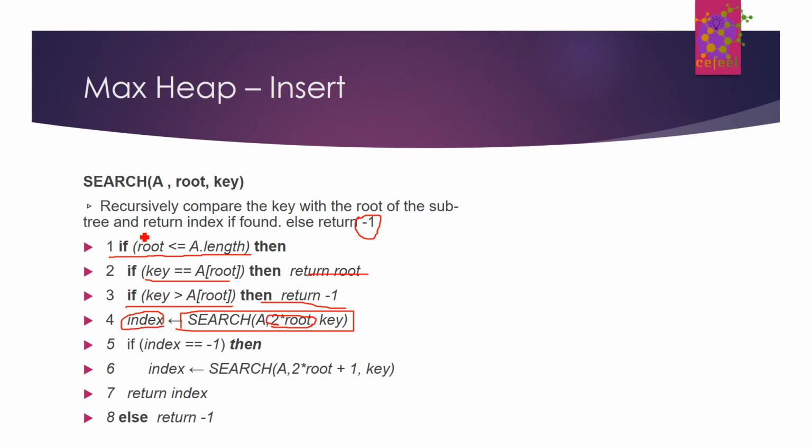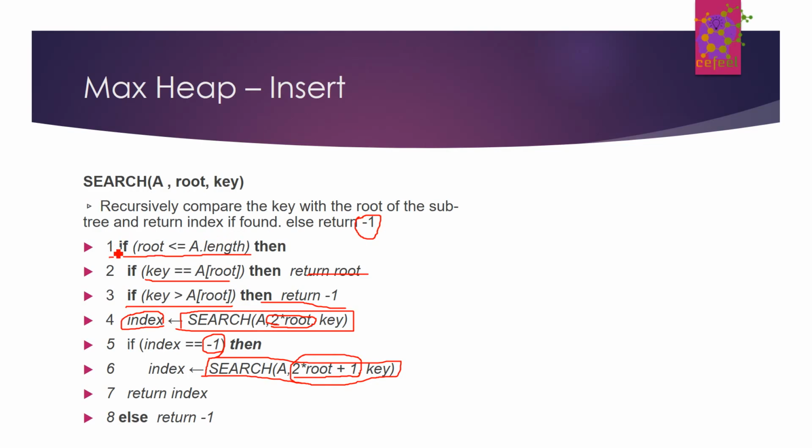Now if index is -1, which means we have not found the element in the left subtree, then we search for the element in the right subtree. That makes the same recursive call with the right child as the root of the right subtree, which is 2*root+1.